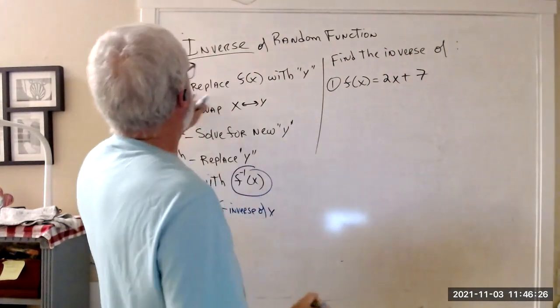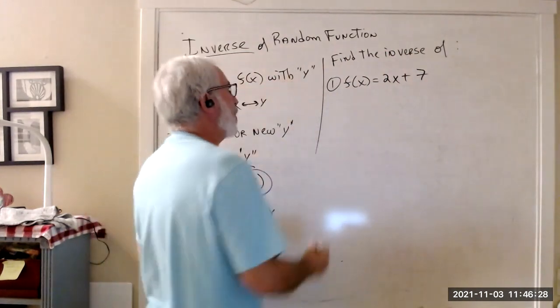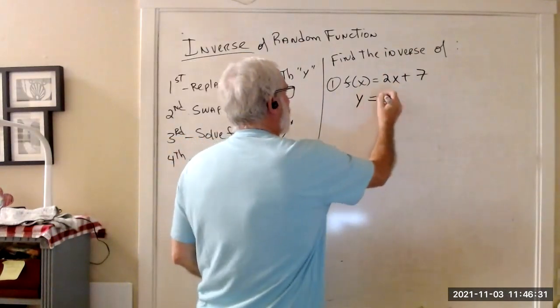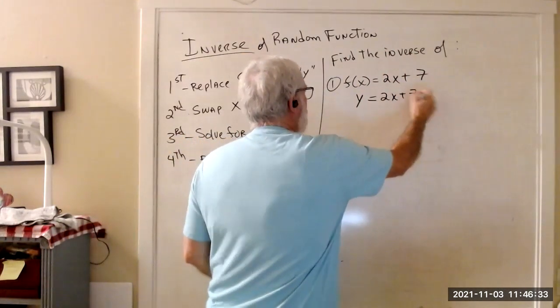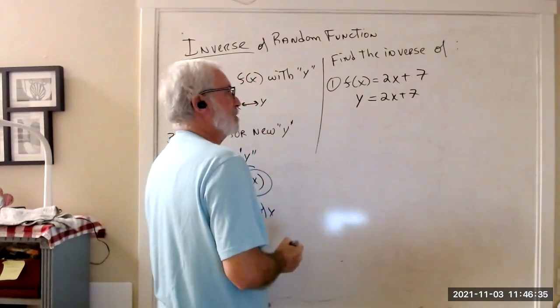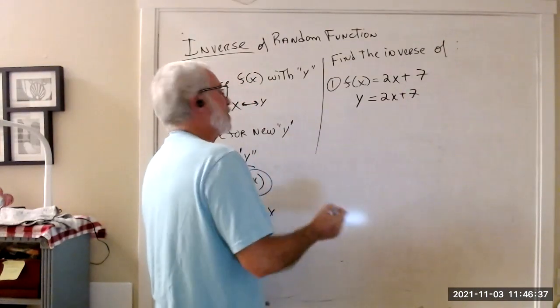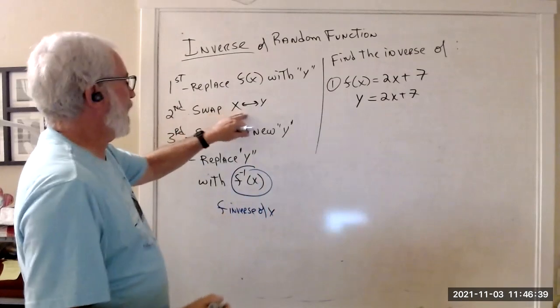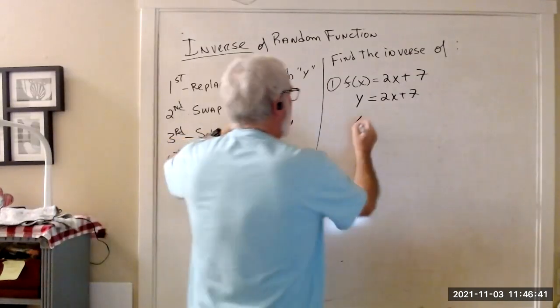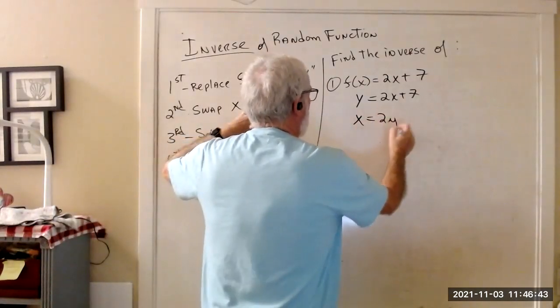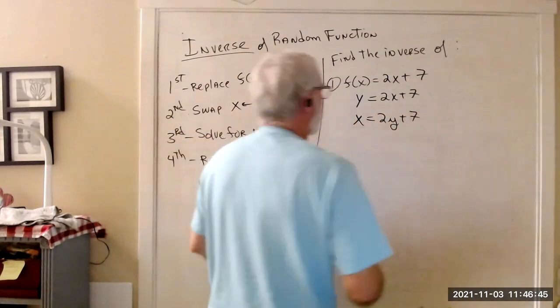Okay. Replace the f of x with y. Y equals 2x plus 7. Swap x with y. X equals 2y plus 7.